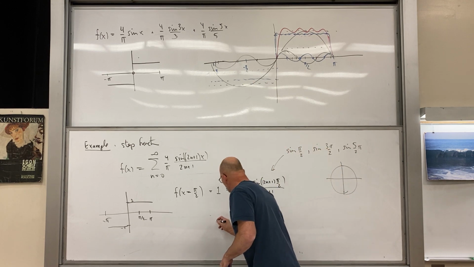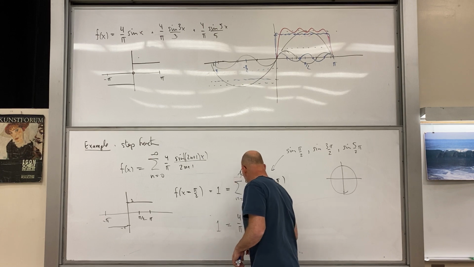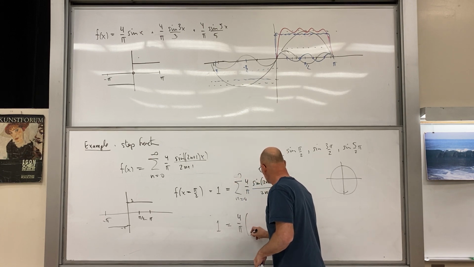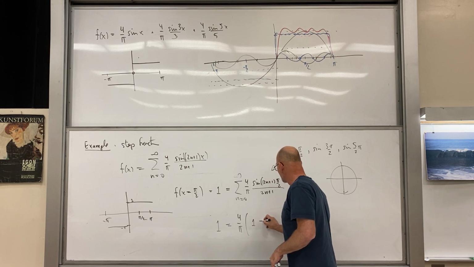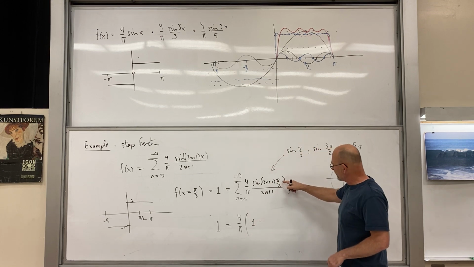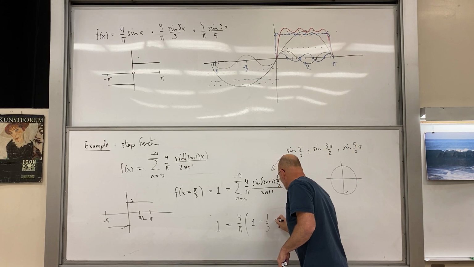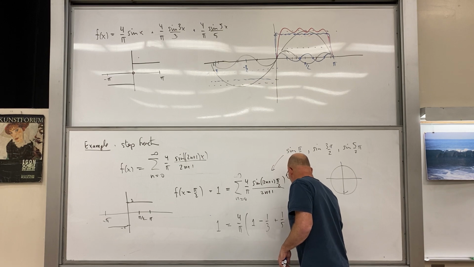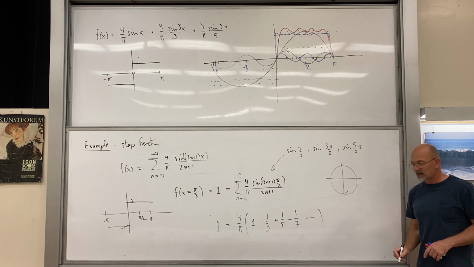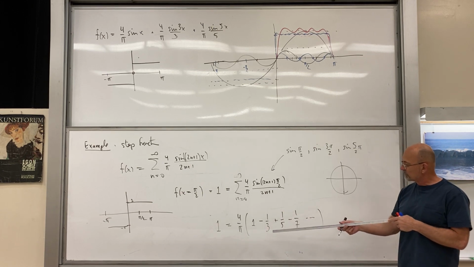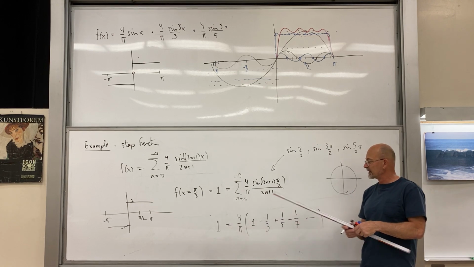So let's do this. 1 is equal to 4 over pi times 1, minus 1/3, plus 1/5, minus 1/7, etc. And what you'll see is we've just discovered an infinite series that sums up to pi.